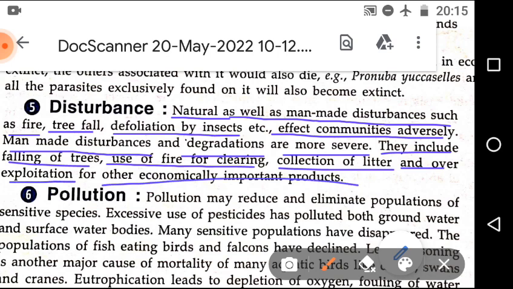So over exploitation, forest fire, then collection of the litter or waste, dumping of waste in a forest place far away from the cities, that unnecessary disturbance leads to decline in the population and affects the biodiversity.